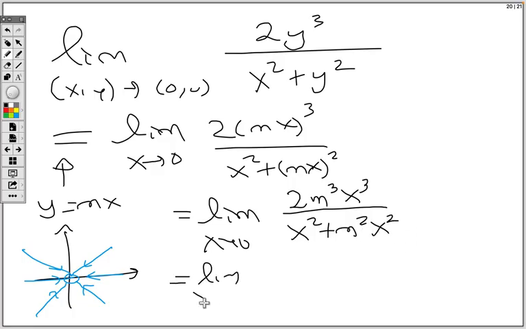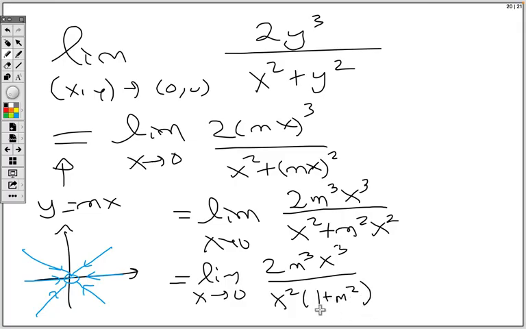We get a 0 over 0 situation, which means that the factor theorem says we should be able to factor. And sure enough, we get some cancellation here. As x races off to 0, the numerator goes to 2m cubed times 0. The denominator is 1 plus m squared.